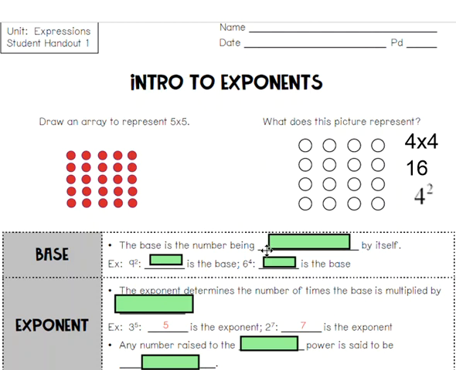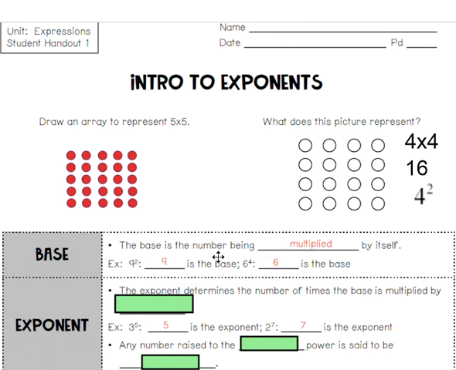With exponents, you have a base. The base is the number being multiplied by itself. Okay, up here, we are multiplying 4 by itself. Over here, 5 by itself. So an example, 9 to the 2nd power, 9 would be the base. That's the number we would multiply by itself. 6 to the 4th power, well, 6 would be the base.